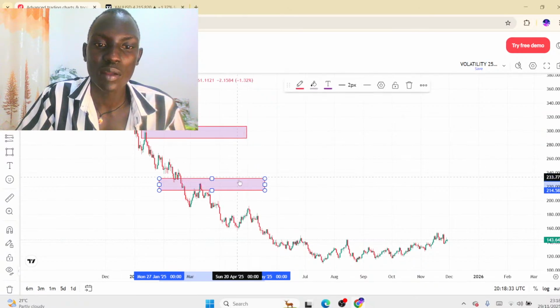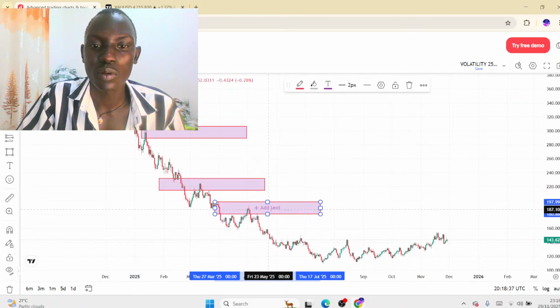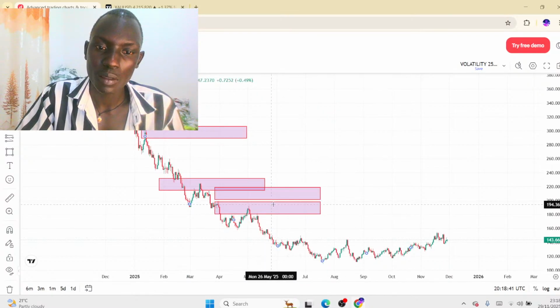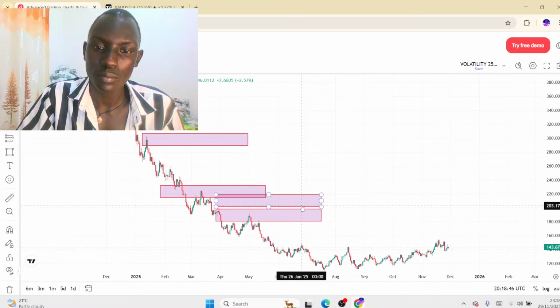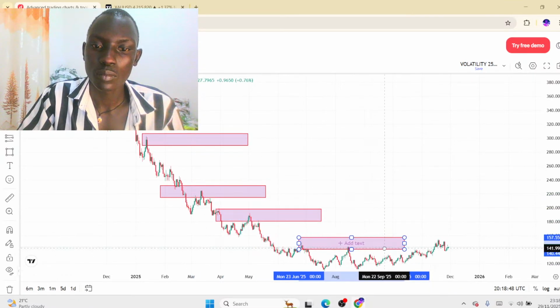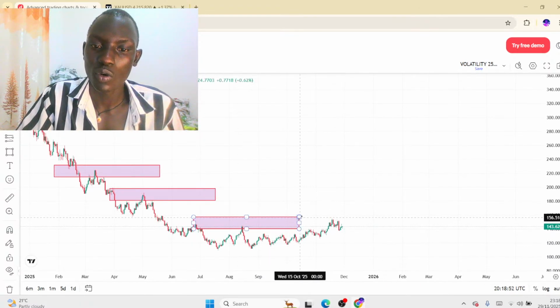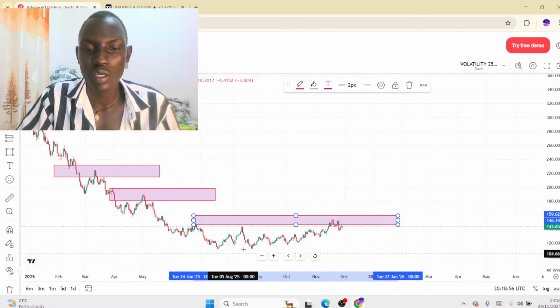This is another high low, and this is another high low. So all this that you see happening here, and then equal highs here, we are able to see the lows down here.